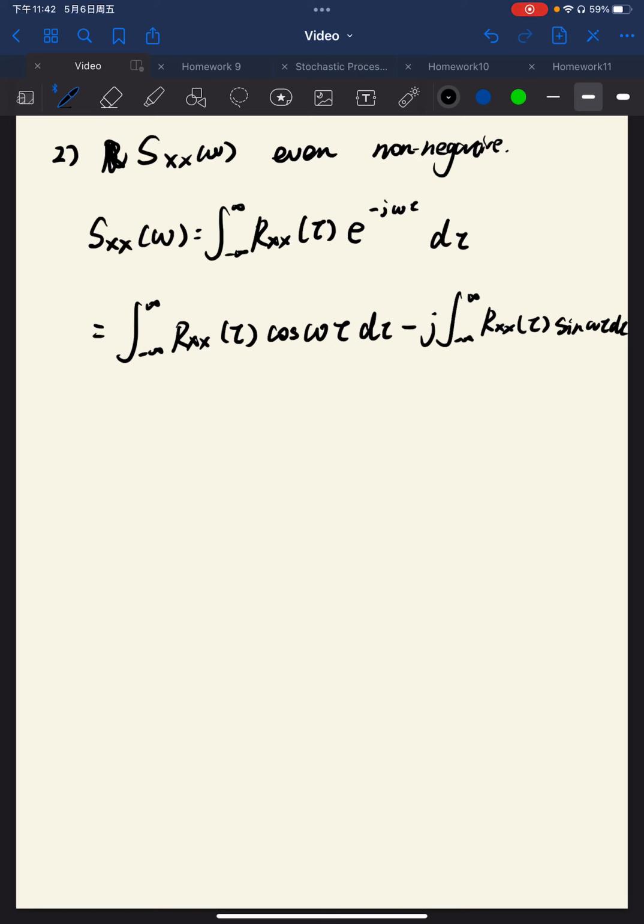Because we know that the autocorrelation is even and the sine of omega tau is odd, the total is also odd. And if we change from sine to cosine, the sign here will be changed.